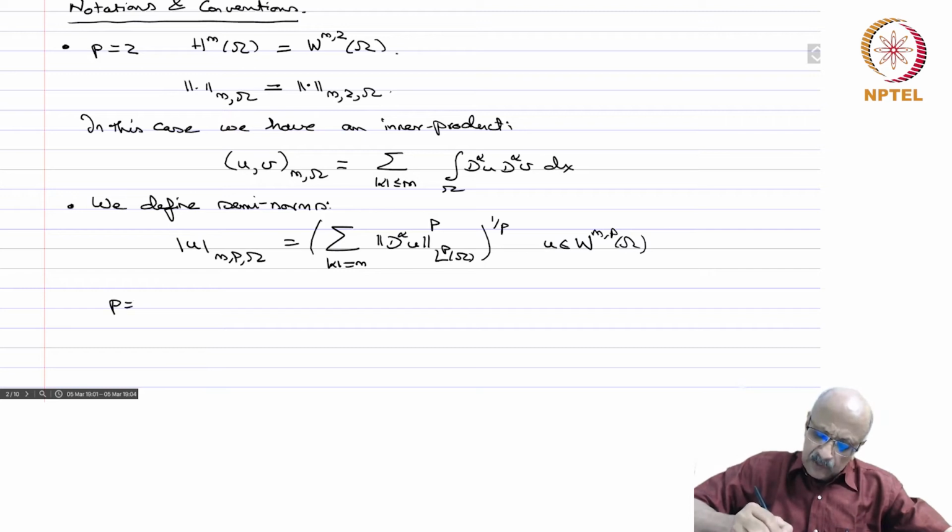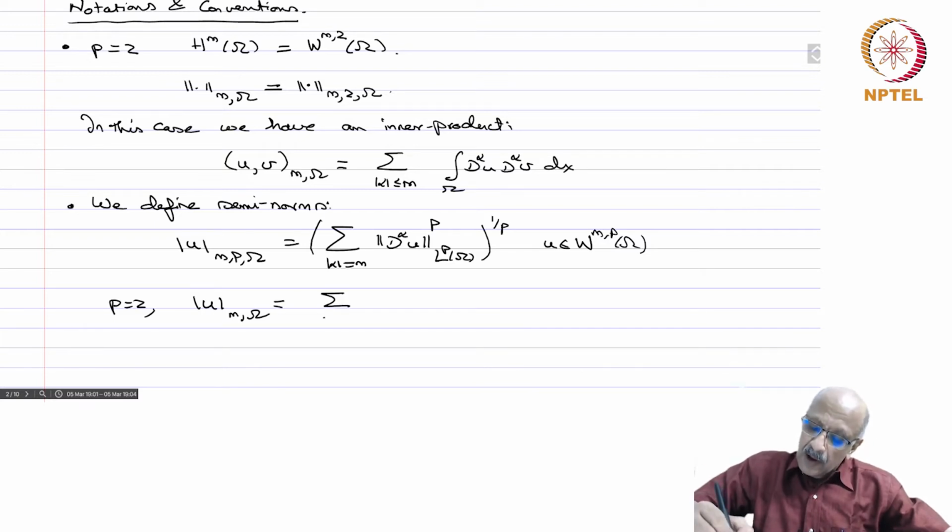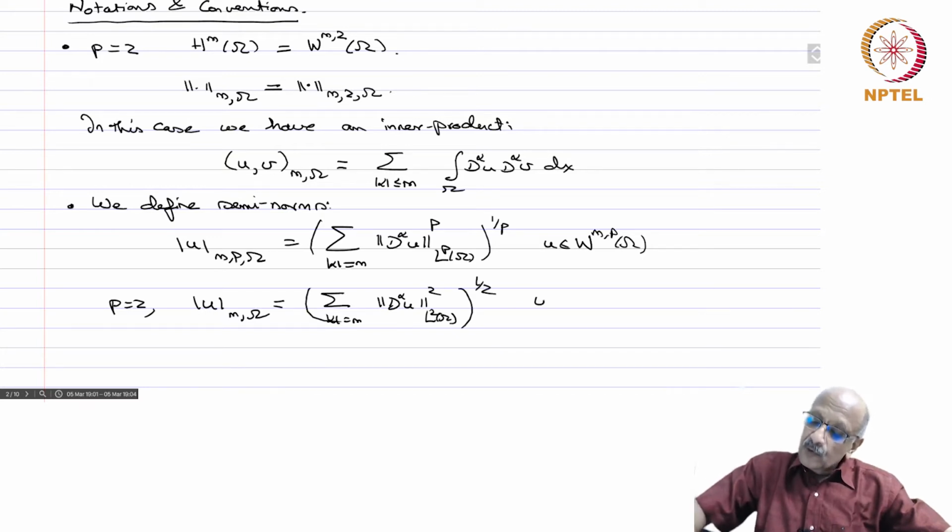Again, if p equals 2, we have |u|_{m,Ω}, which is equal to (Σ_{|α|=m} ‖D^α u‖²_{L²(Ω)})^{1/2}, and u belongs now in H^m(Ω).